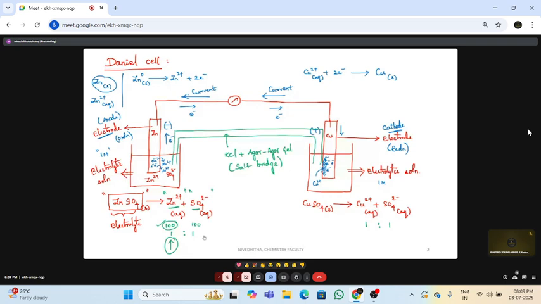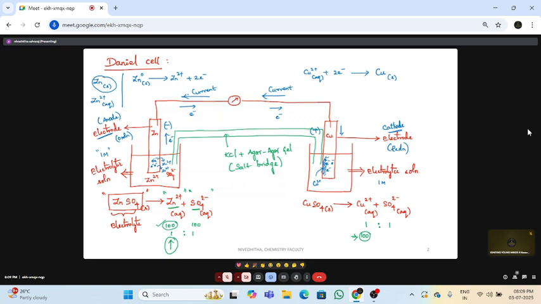Yes, the Cu2+ ion, which is already in the solution, got reduced and is getting deposited on the rod. So let us say initially I had 100 Cu2+ ions inside the solution, and during this reduction process, the ions present inside the solution are getting deposited, because of which the number of Cu2+ ions decreased, right?